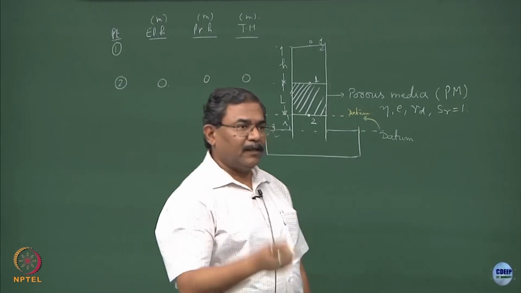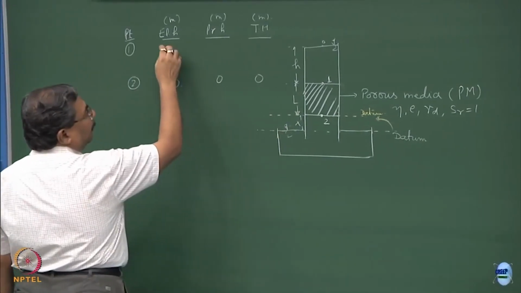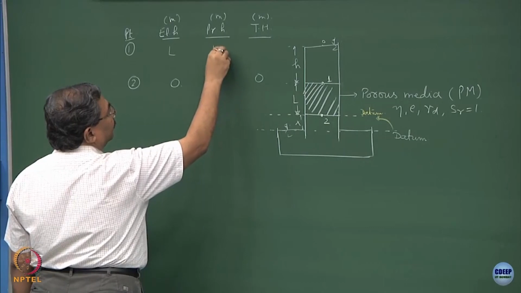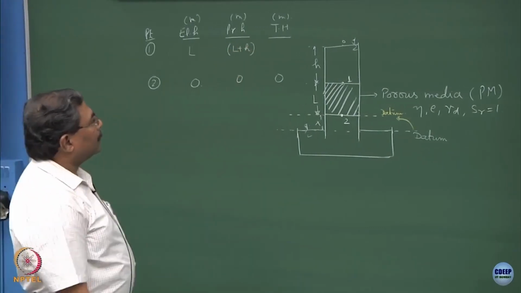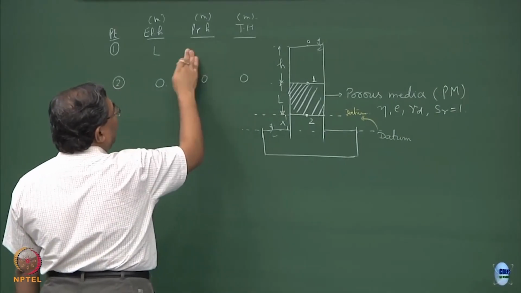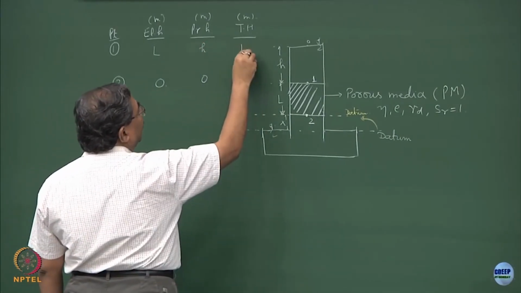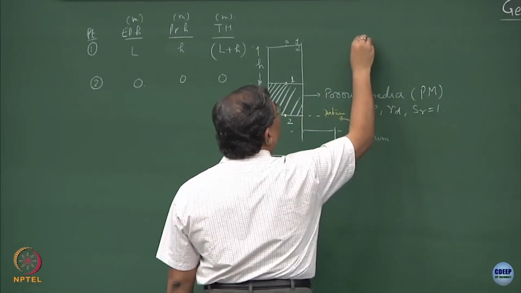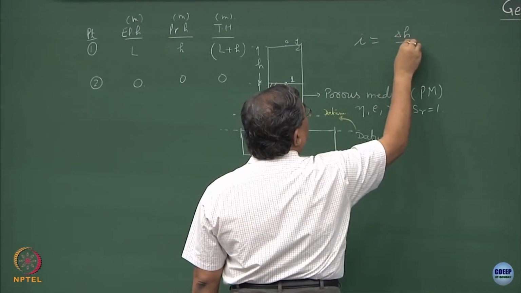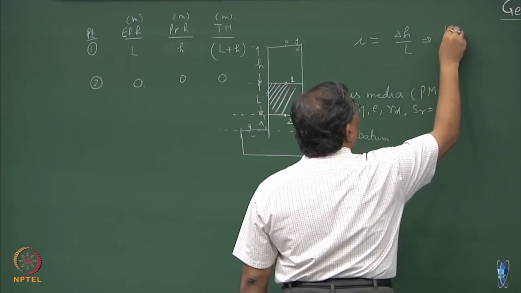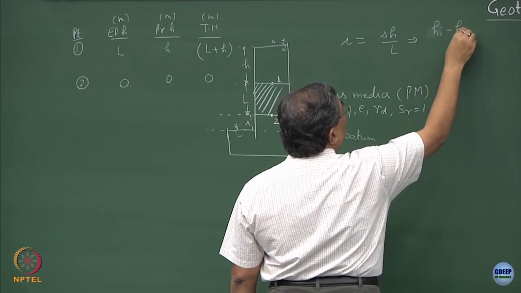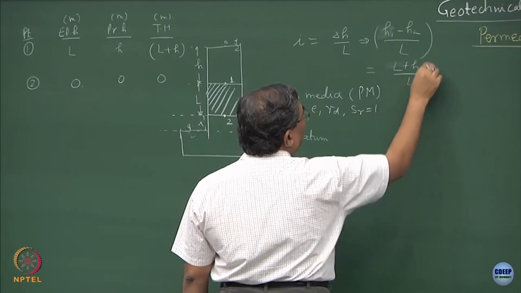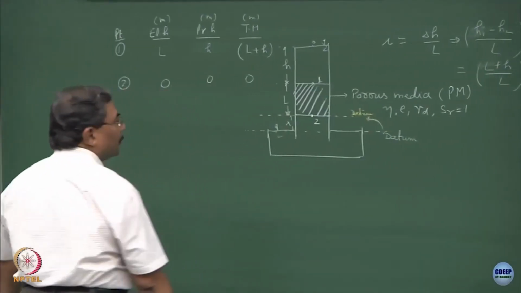I will tell you what is the fallacy which we were discussing last time. At point number 1, the elevation head is L, the pressure head is, no, sorry, H, and hence the total head is L plus H. So, the hydraulic gradient, delta H upon L, is H1 minus H2 over L. This is nothing but L plus H over L. All right.